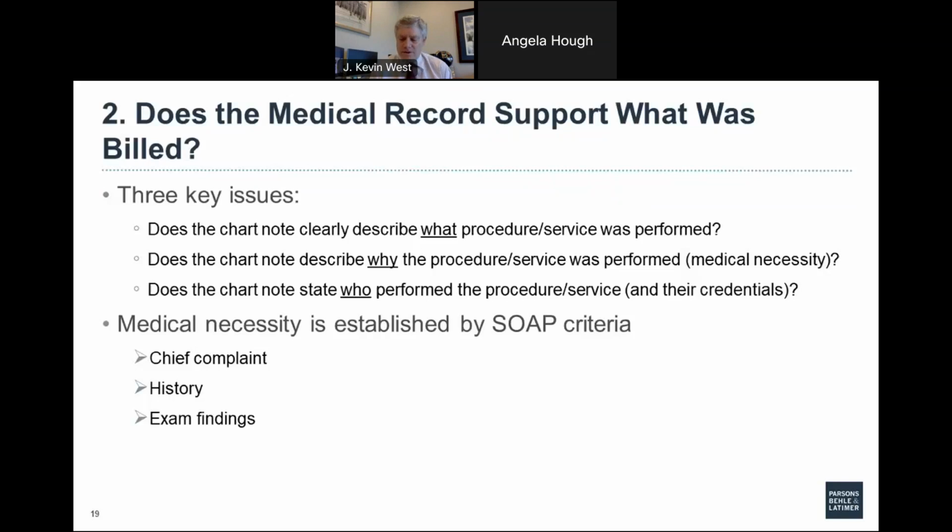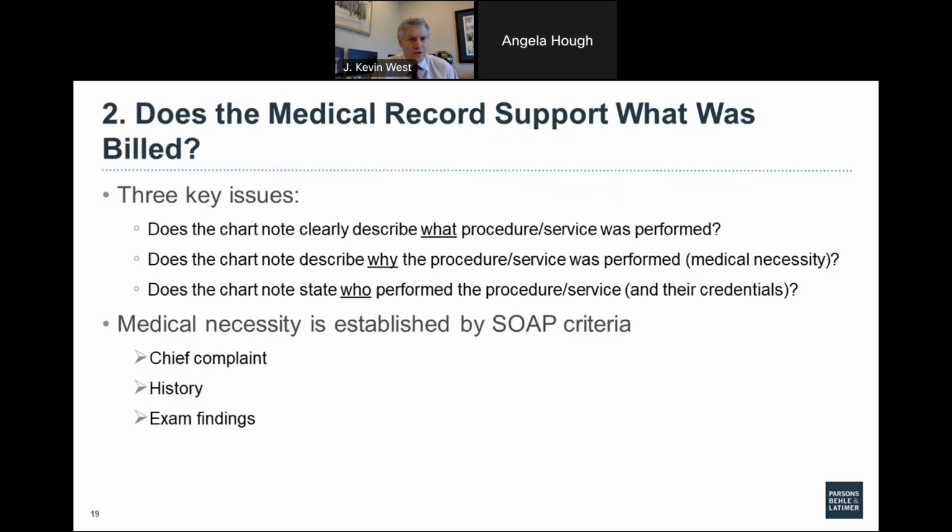All right, so with that sort of aside, coming back to where we were on the issue of does the medical record support what was billed? I break this down into a who, what, where type thing. First of all, does the chart note or the progress note clearly describe what procedure or service or item was performed or provided?